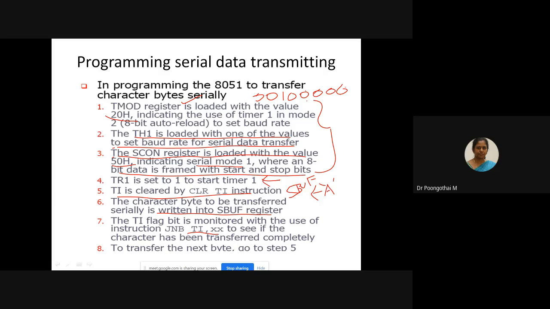After that you have to clear the TI flag and go to step 2 to transfer the next byte of data. Sorry, step 5 to transfer the next byte of data. Please note down the algorithm steps.